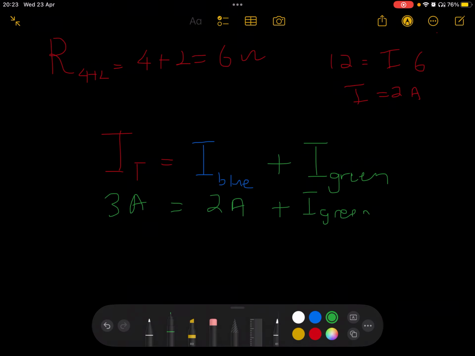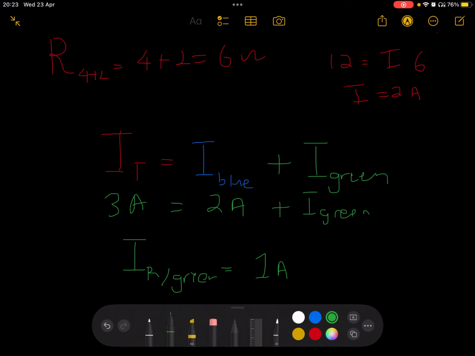Mathematically, I green, you can call it I green or I of R, as long as you've correctly indicated, will just be 1 ampere.